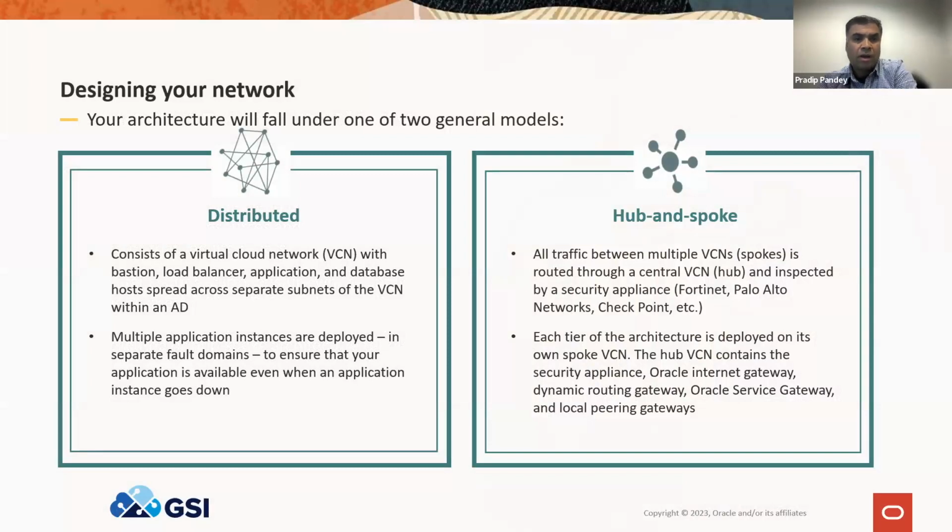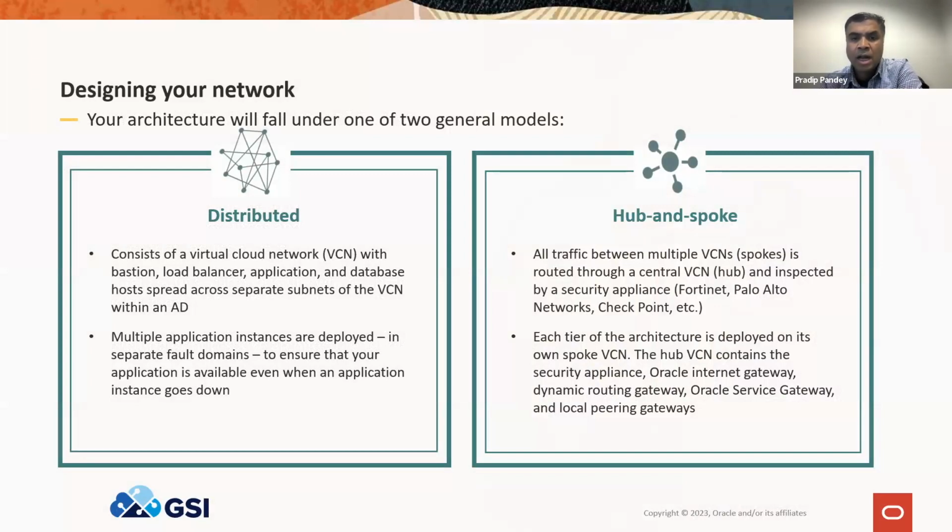So if you're designing a network using distributed architecture, then it consists of a virtual cloud network with Bastion host and load balancers, and application and database hosts spread across separate network subnets of the virtual cloud network within an availability domain. Multiple application instances are deployed in separate fault domains to ensure that the application is available even when an application instance goes down.